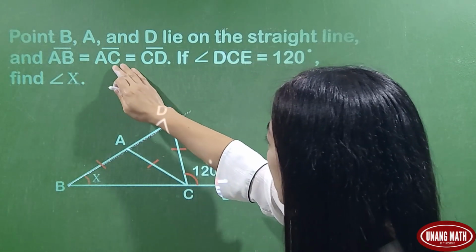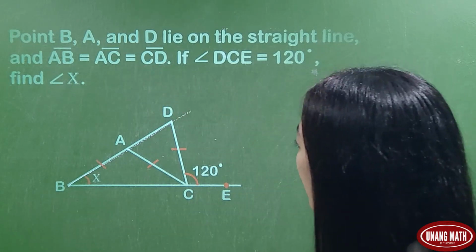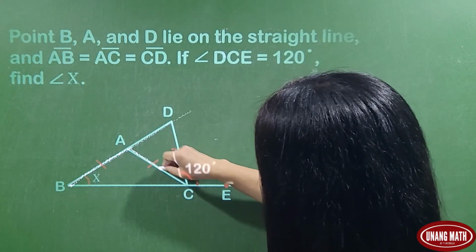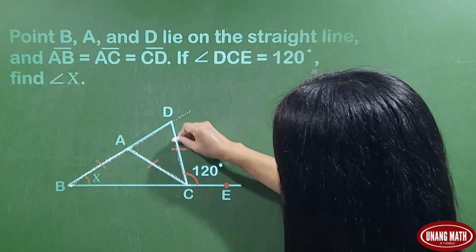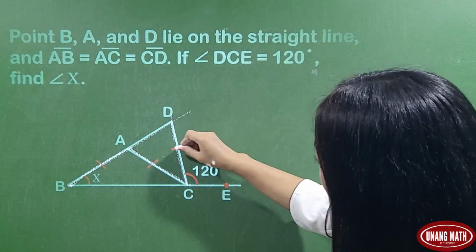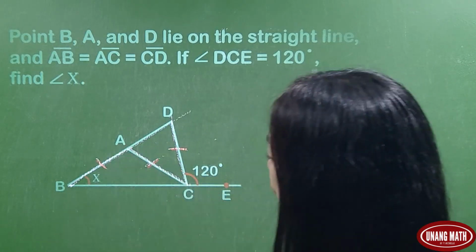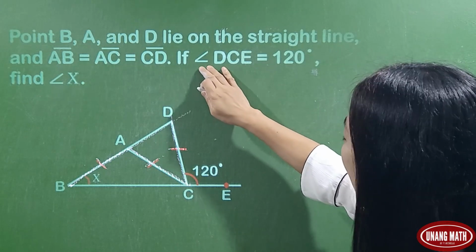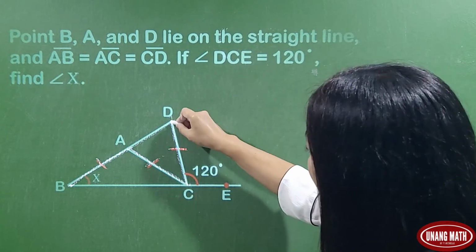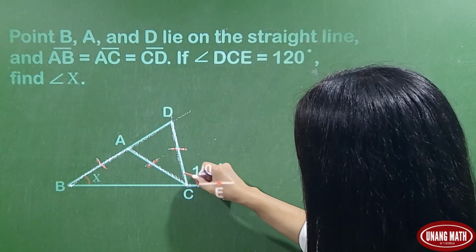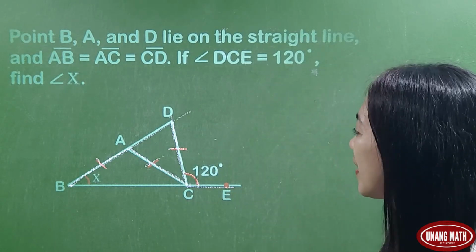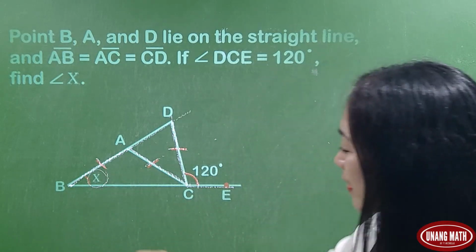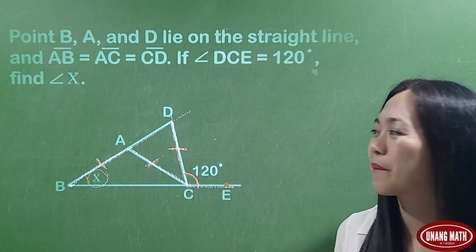Segment AB equals segment AC equals segment CD. So, AB, AC, and CD are equal in measure or equal in length. If angle DCE or this angle is 120 degrees, we are looking for the measure of this angle, angle X.